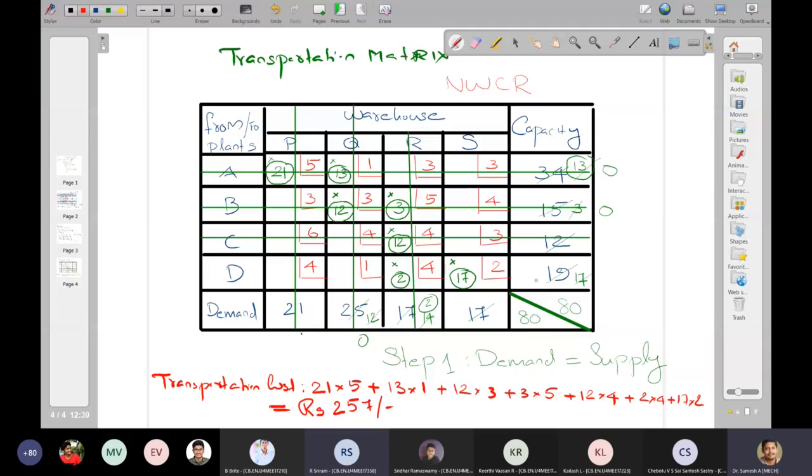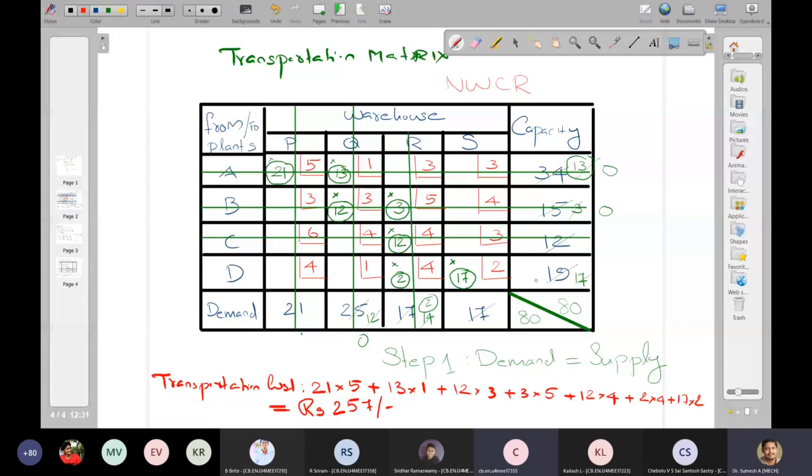Anyone having any doubt? Yes, please. Your voice, I'm unable to hear you. Sir, in the first column, you allocated 21 to the cost 5, right? Yeah. You can allocate it to the row B, right?